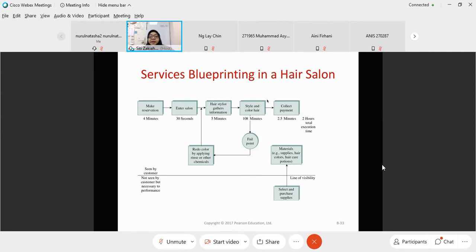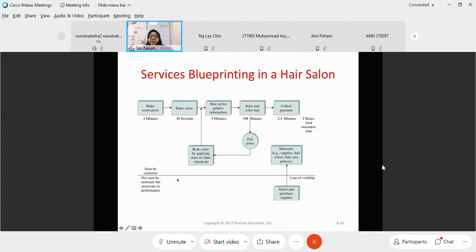So if you don't, then you have to redo. That means you have to remove the existing color and apply again. You gather information again. These are the fail points. This is a simple process, okay? There can be more than one fail point in one process. So you have to identify them.